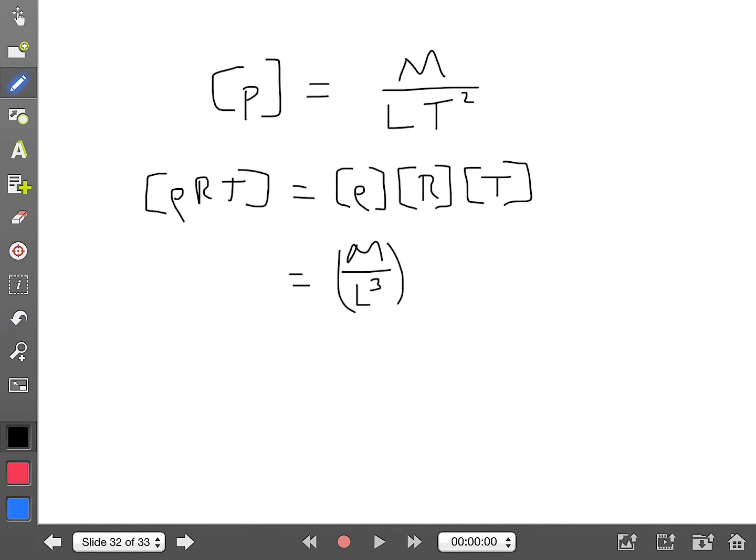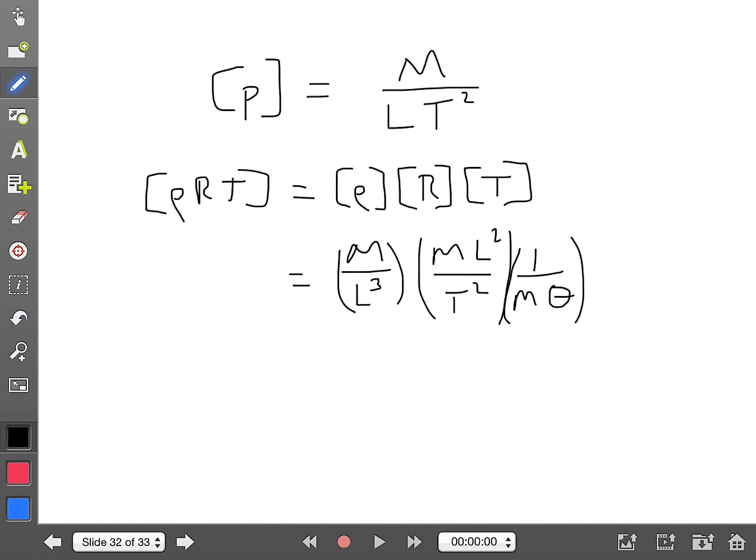And so a joule is a Newton, which is mass times length over time squared, times another length. So we'll just go length squared here. And that was divided, if you remember, by kilograms and Kelvin, which is given the symbol theta. So this is basically your joule. This is basically your kilogram and Kelvin, the temperature.